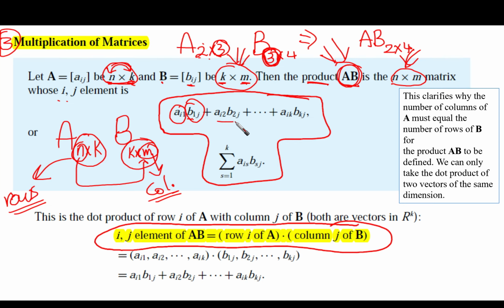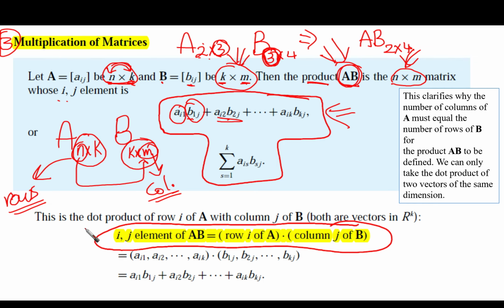I'm going to give you an example instead, because maybe this is a little bit difficult to understand, but the example would be easier. I'm going to show you what is the meaning of the summation of the product of the elements, and how we can do it.